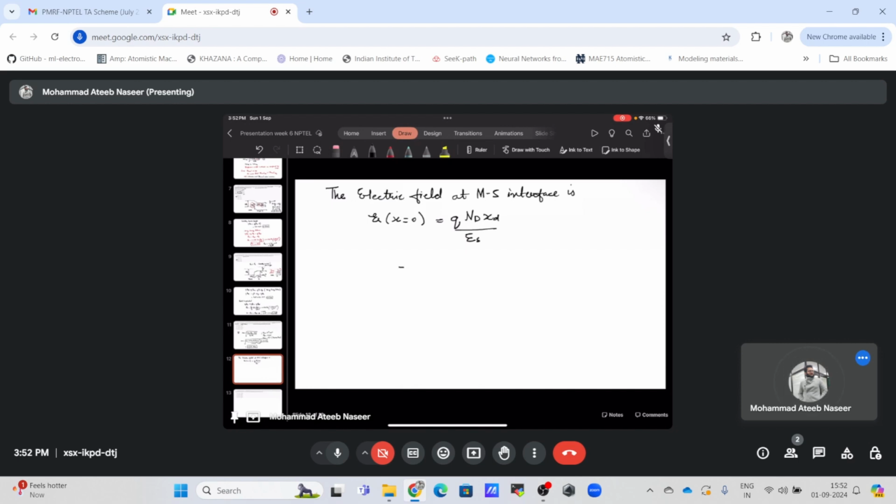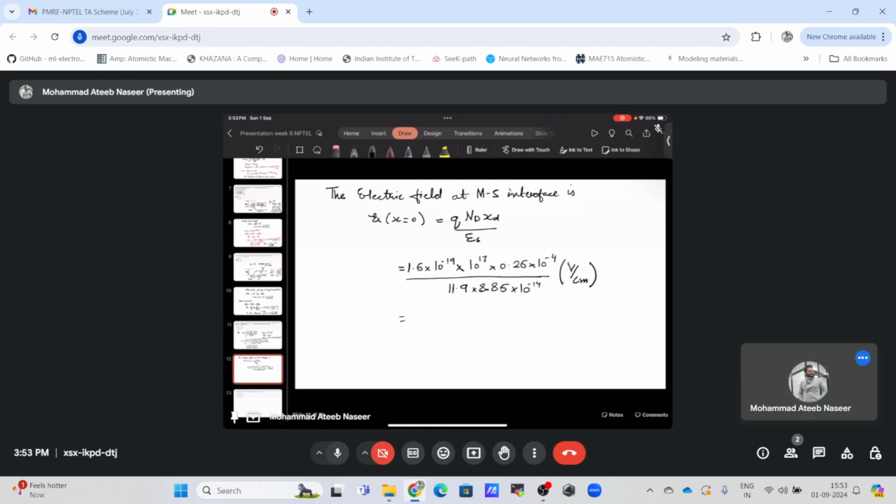So it is 1.6 into 10 to the power of minus 19 times ND, which was 10 to the power of 17 per centimeter cube, times xd, which is 0.26 into 10 to the power of minus 4 centimeter, divided by 11.9 into 8.85 into 10 to the power of minus 14. This will be in volt per centimeter.